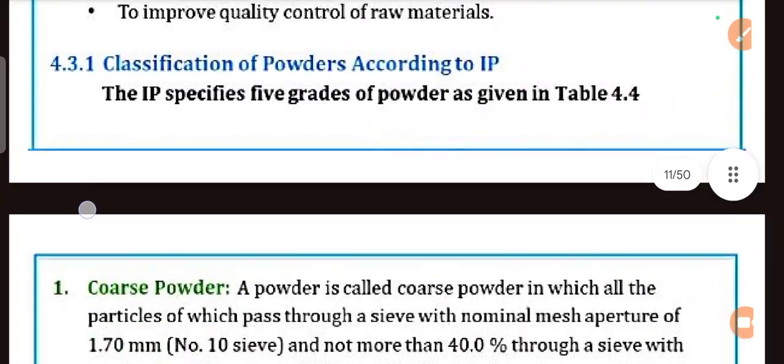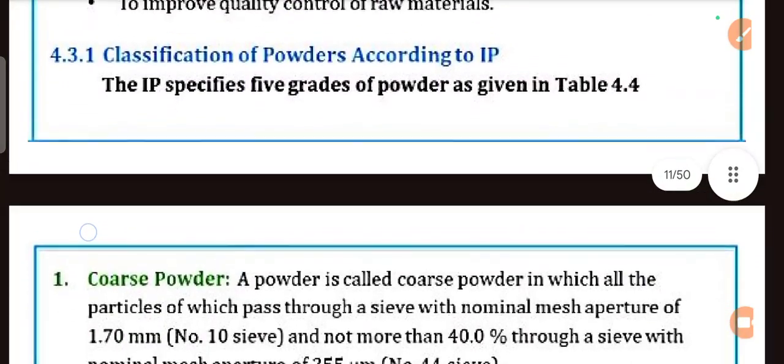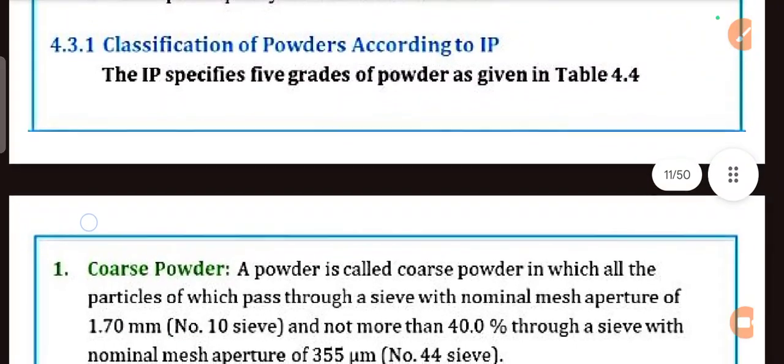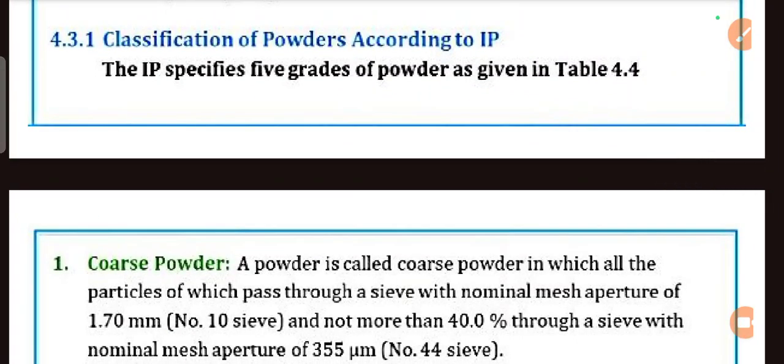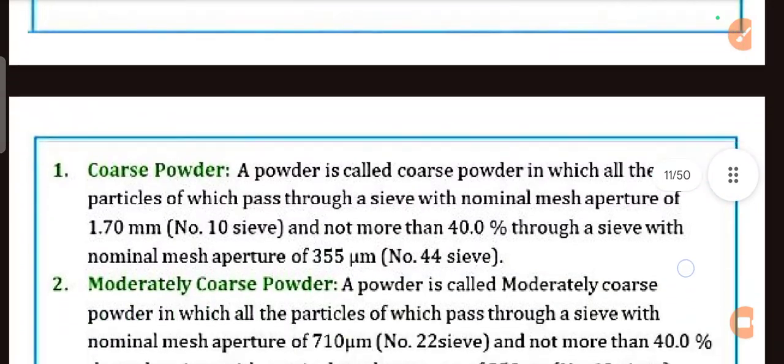Classification of powder according to IP. The IP specifies five grades of powder as given in table 4.4. Coarse powder.